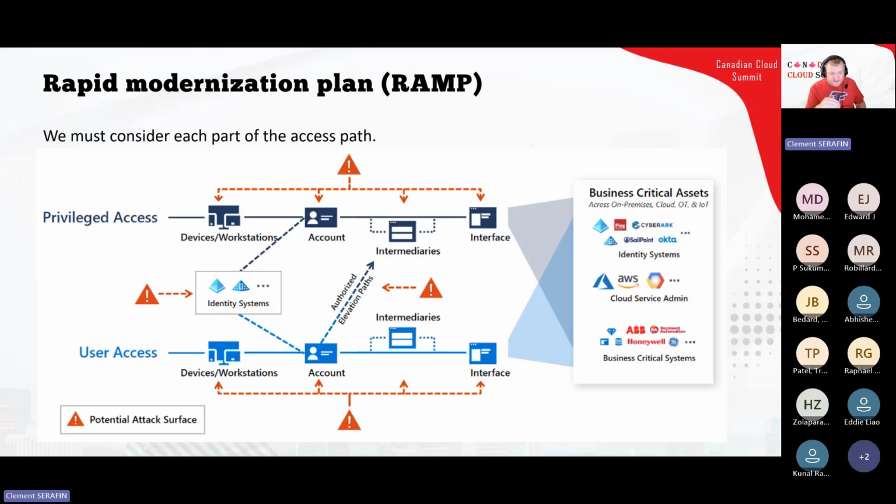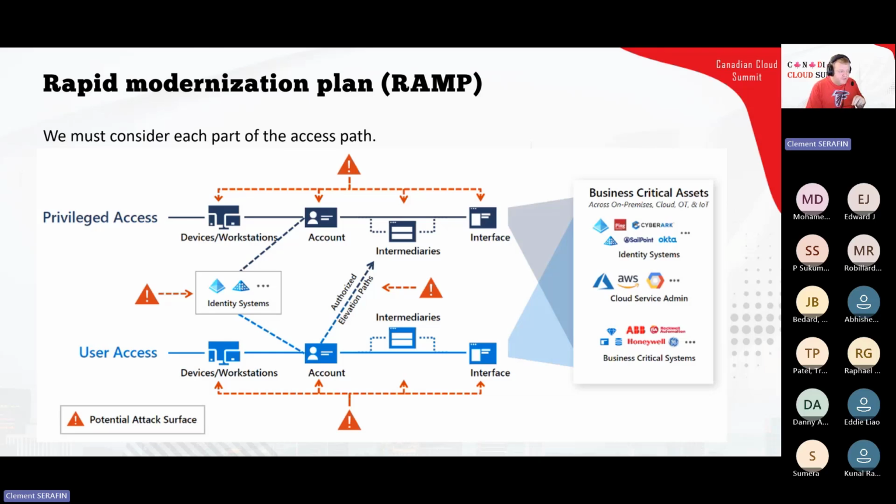First, you need to segregate user and privileged accounts, which is pretty obvious. Right now, we don't have people using the same account to access their mailbox and do administration. And we need to split each part: the device, the account, the intermediaries, and the interface. We need to split those and secure them one by one.